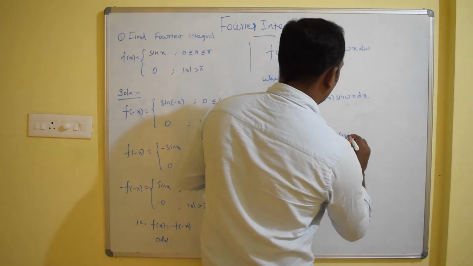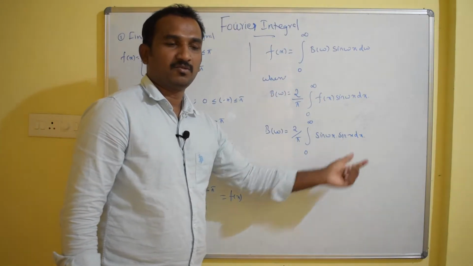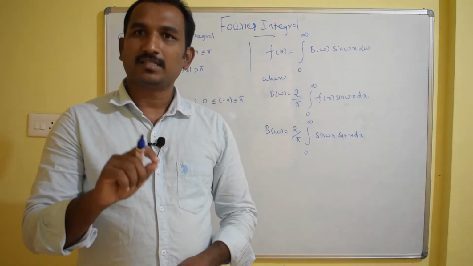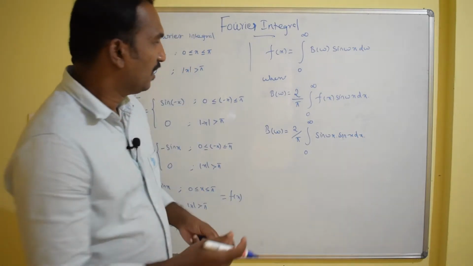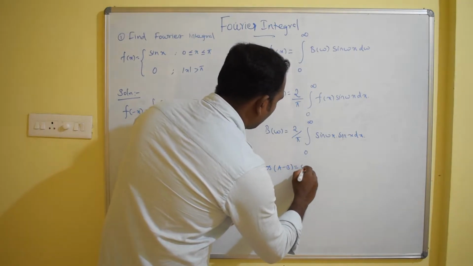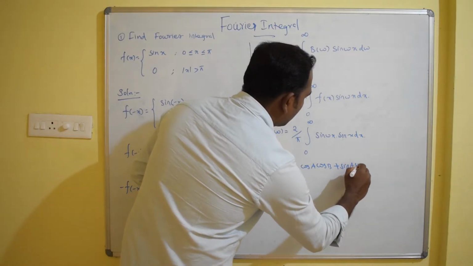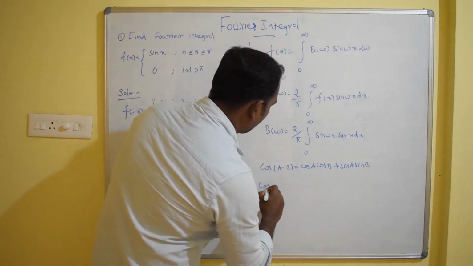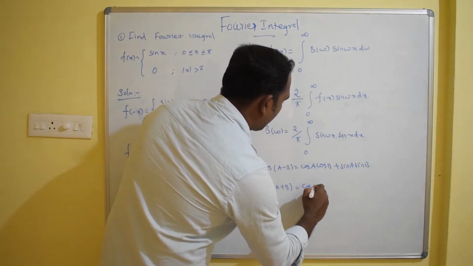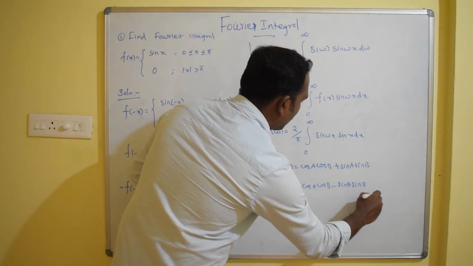sin x dx. Now sin a into sin b. So which formula involves sin a and sin b? It is cos of a plus b and cos of a minus b. Here cos of a minus b will give cos a cos b plus sin a sin b, and then cos of a plus b will give cos a cos b minus sin a sin b.